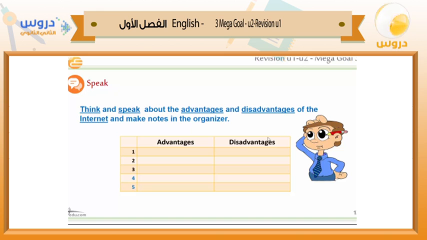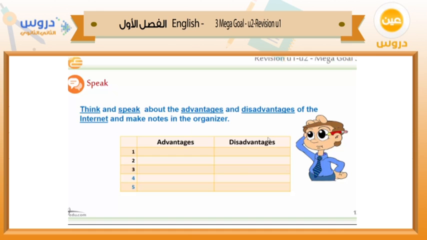For example, you can say that one of the advantages of the internet is email, easy to communicate with people. You can communicate with people easier than the ordinary way.